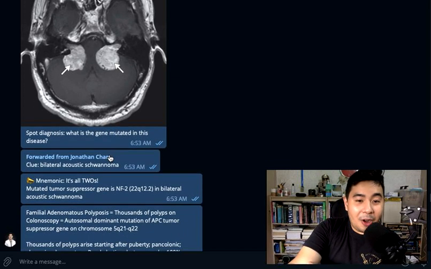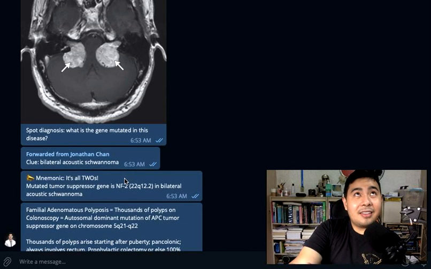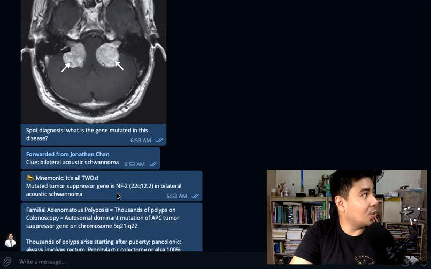Familial adenomatous polyposis. This presents with thousands of polyps on colonoscopy. This is an autosomal dominant mutation of the APC tumor suppressor gene on chromosome 5q21-22. Do I have a mnemonic for that? I don't think so. Not everything will have mnemonics, unfortunately.